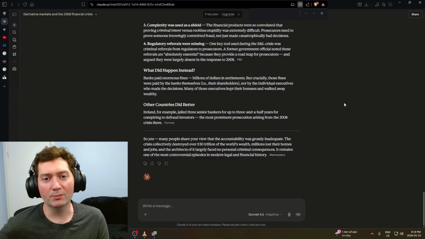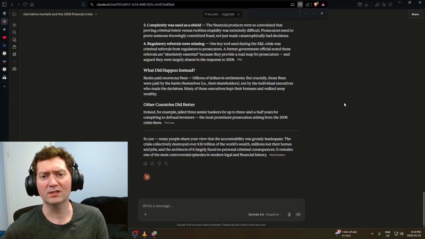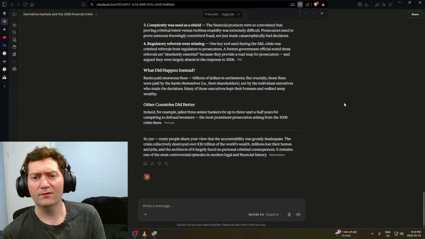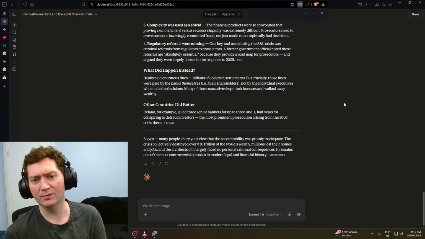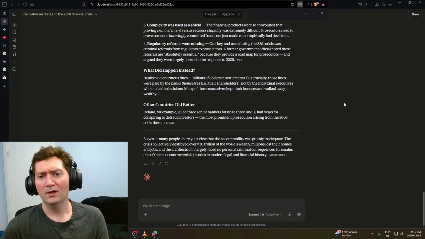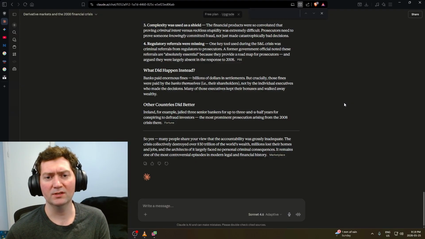Regulatory referrals were missing. One key tool used during the S&L crisis: criminal referrals from regulators to prosecutors. A former government official noted these referrals are absolutely essential because they provide a roadmap for prosecutors, and argued they were largely absent in the response to 2008.